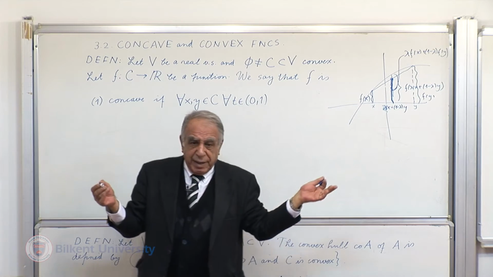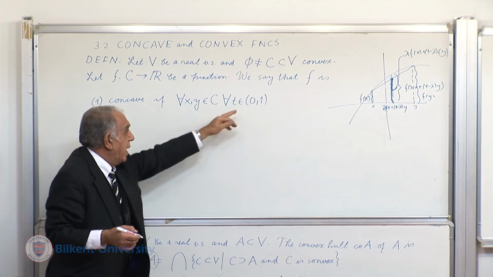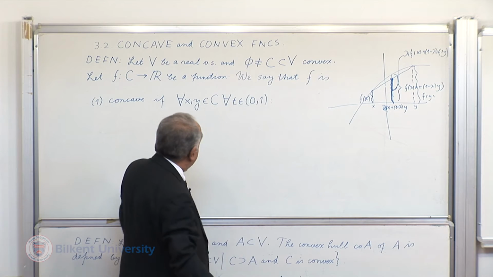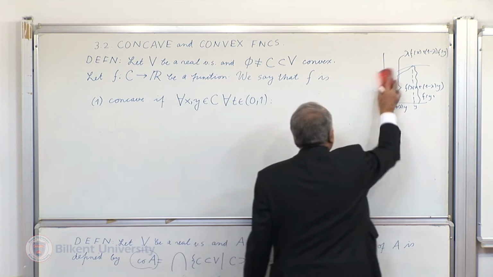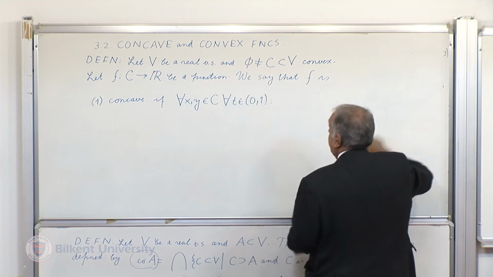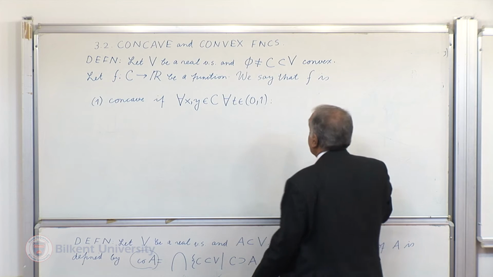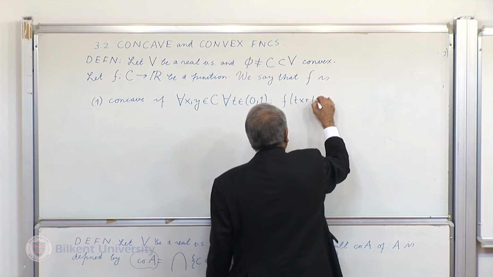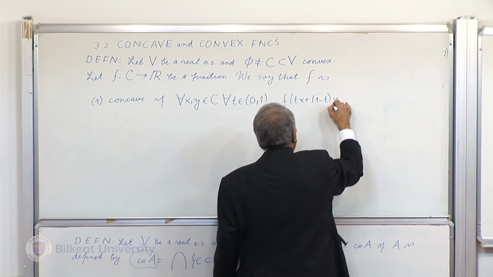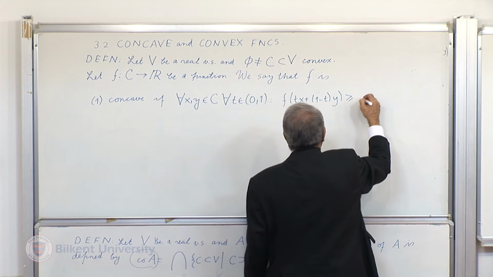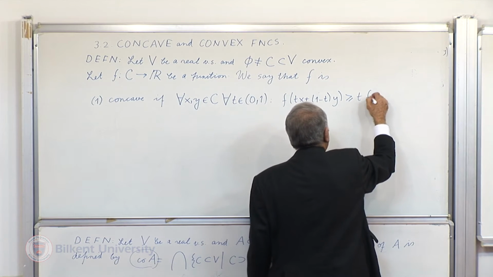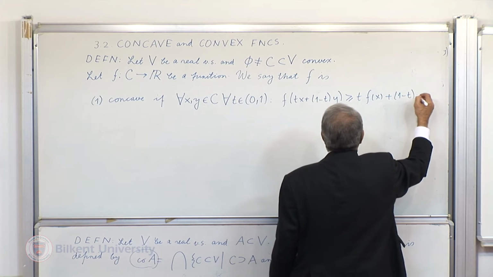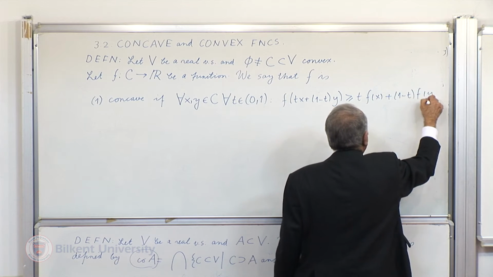So you have equality. So we don't need to check at the endpoints of the unit interval. In fact, let me erase this. f of tx plus 1 minus ty is larger than or equal to t f of x plus 1 minus t f of y.